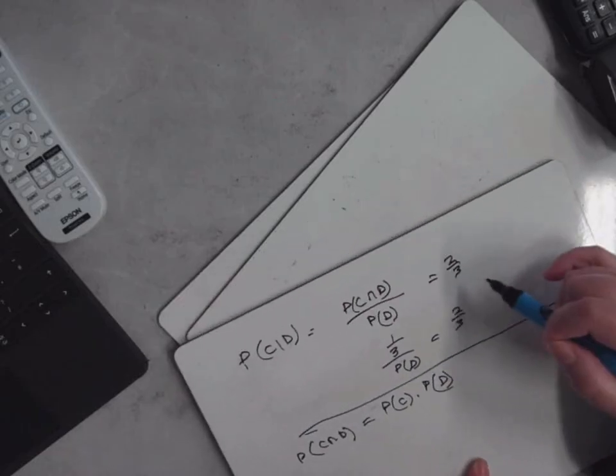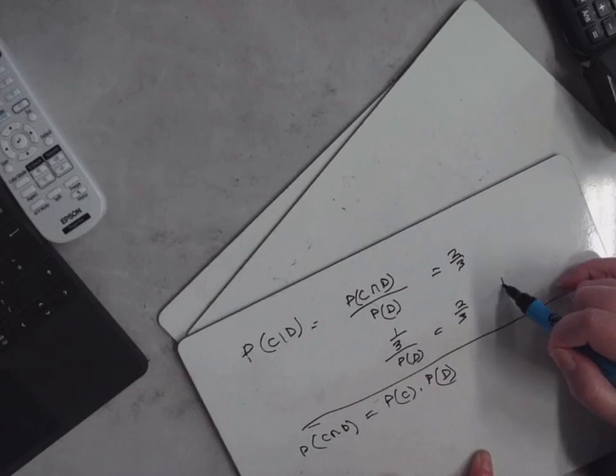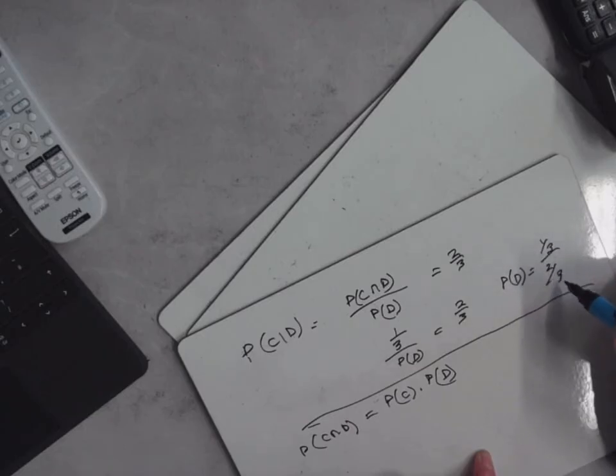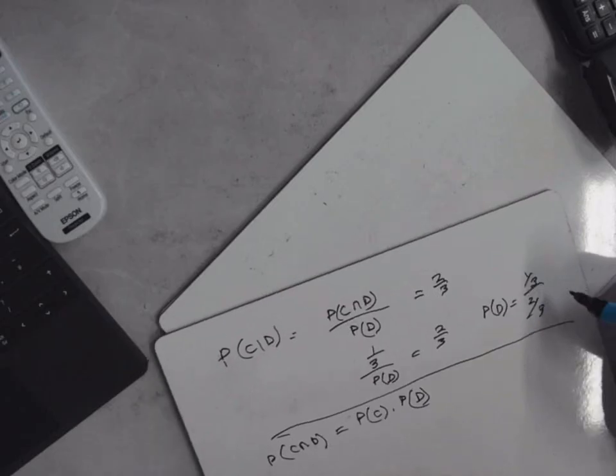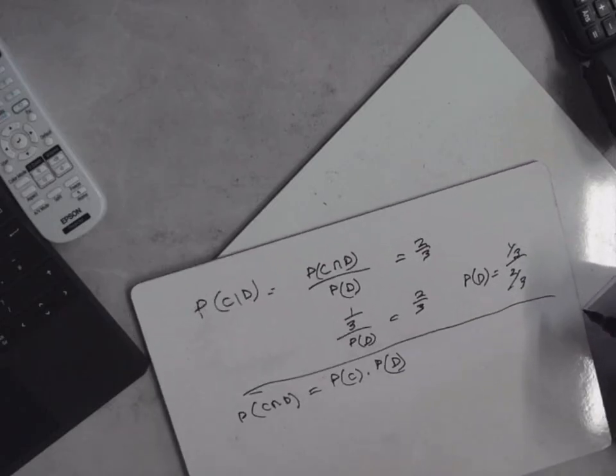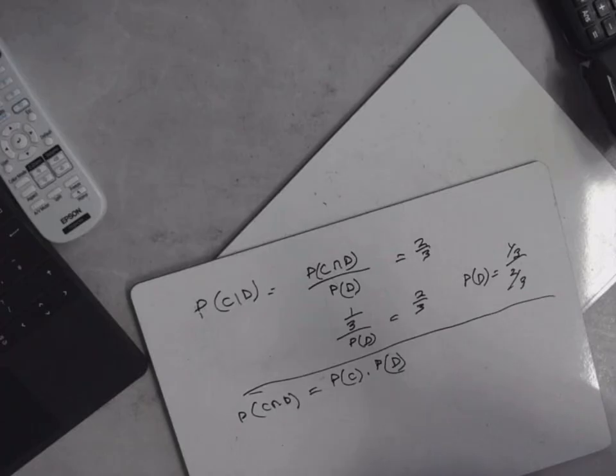Wait, is this so complicated? This is D. So intersection. This would be D equals then. Yeah, 1/3 over 2/3. No, that doesn't work out. Okay, so that was the second question. Two things on either side of the equals, do you always have to cross multiply or can you just? You can. Yeah, I cross multiply.